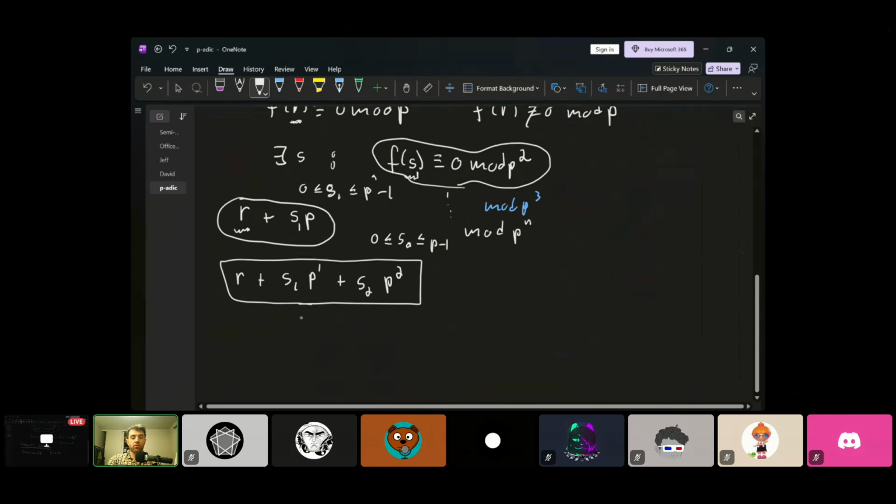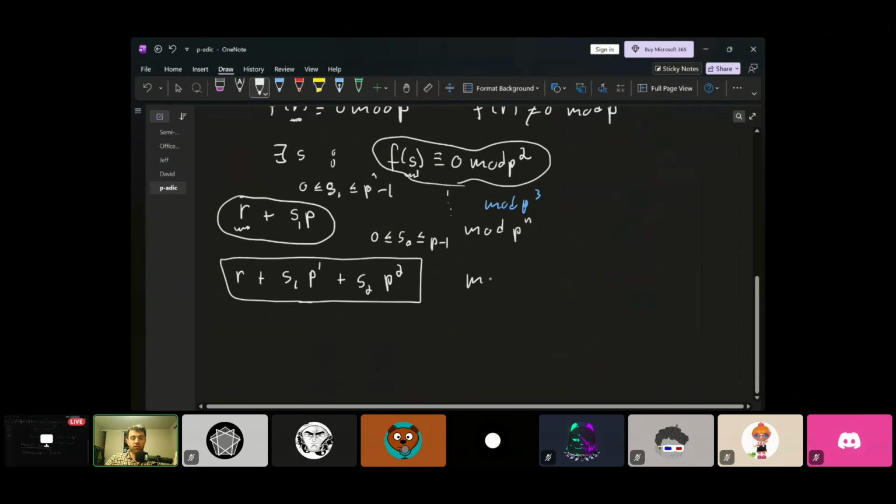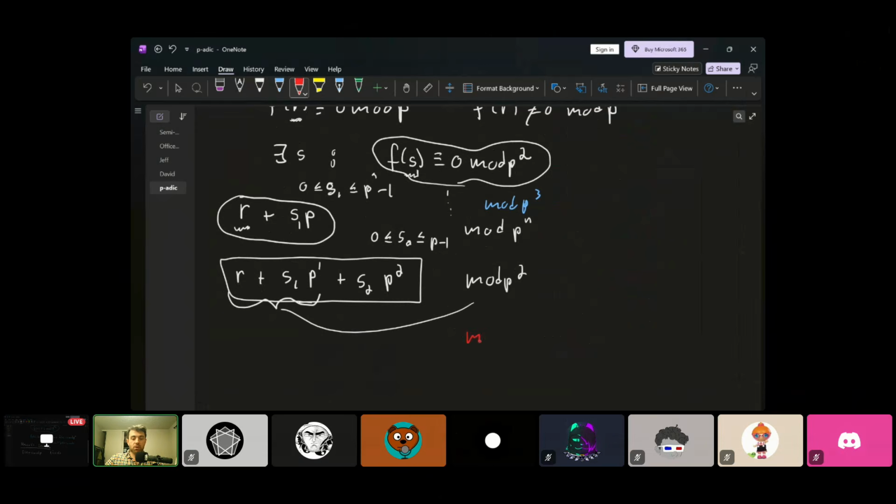And so again, if you looked at this mod p squared, you would recover your root mod p.